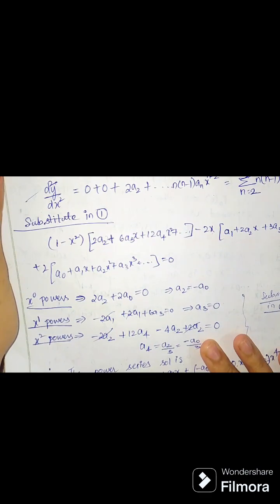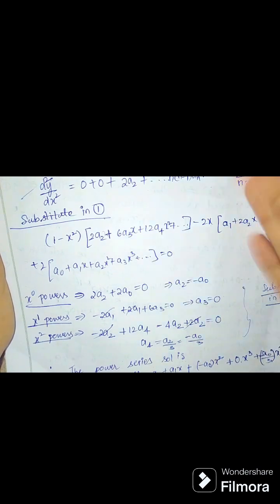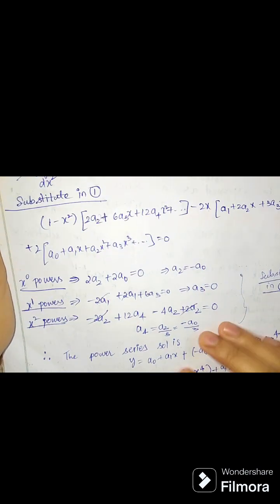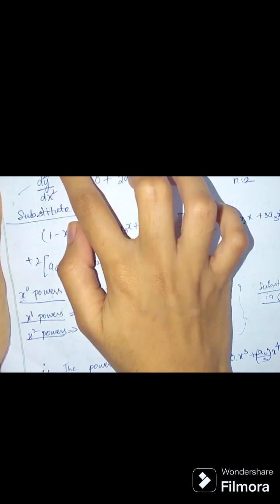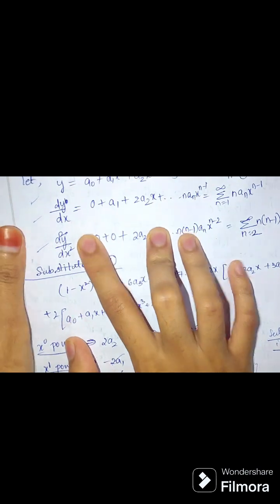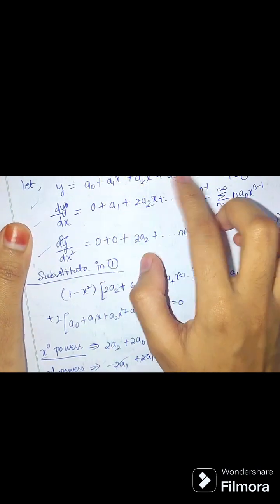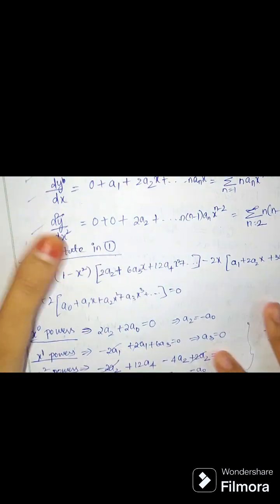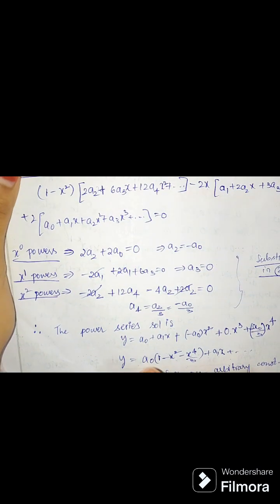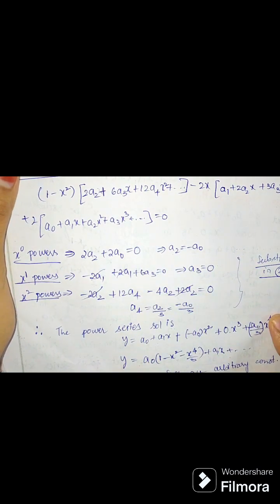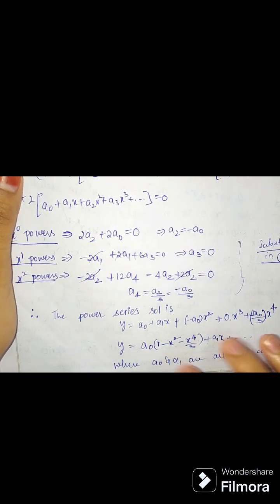After that we'll convert everything to a0 and a1. And finally those values we'll write in y, with a2, a3 also converted to a0 and a1, and finally we'll express it in terms of a0 and a1 only. So finally we'll do it like this. Now we'll see how to do it.